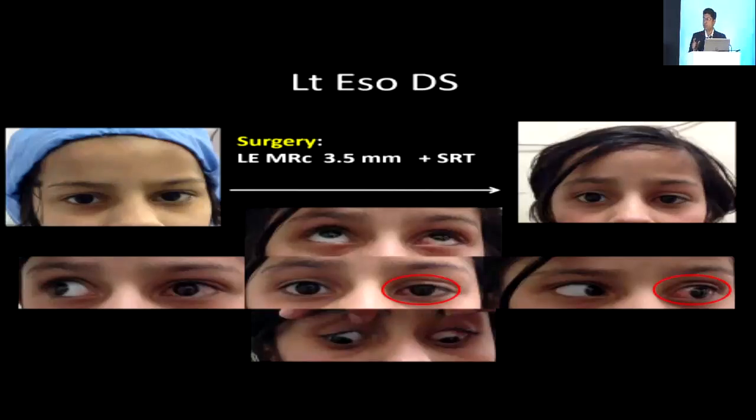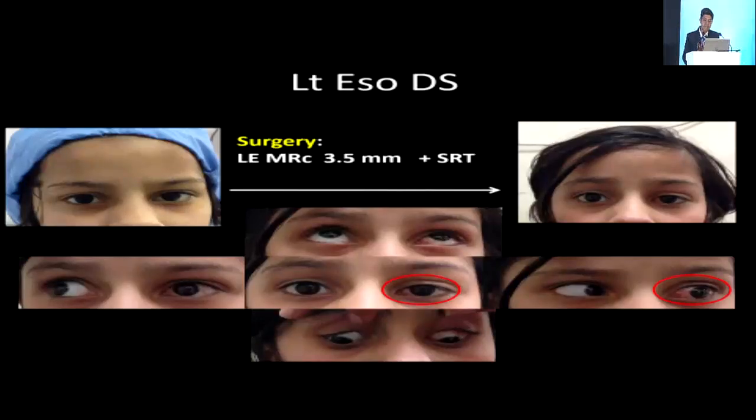I generally decide the magnitude of medial rectus recession depending upon the force duction test. So my aim is just enough MR recession to free the force duction test, and along with that, we did a superior rectus transposition. I do not add a posterior fixation suture to the transpositions, SRT or IRT, which I do in Duane's, although I do add a posterior fixation in a sixth nerve palsy.